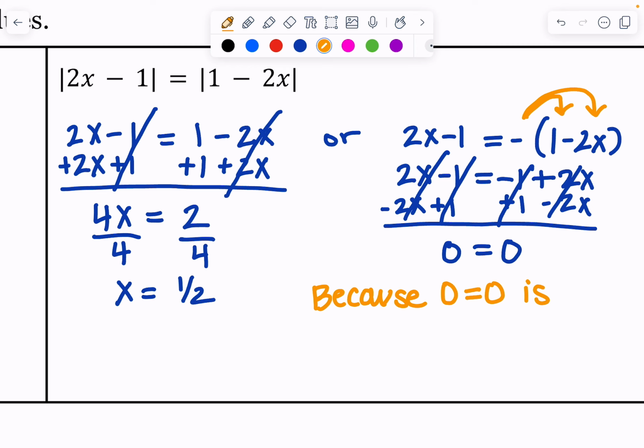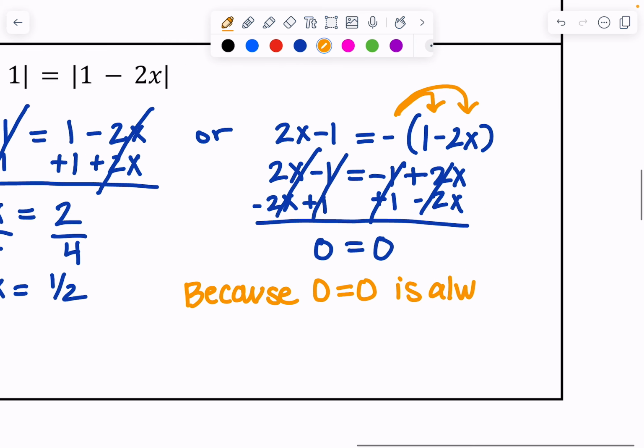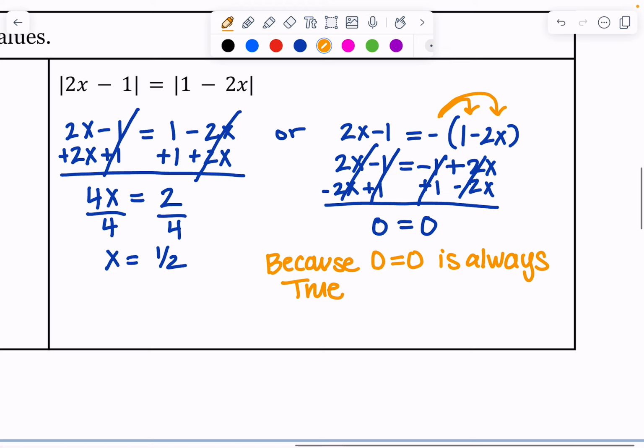So what this tells me is that because 0 equals 0 is always true, no matter what x is, 0 always equals 0. X doesn't even matter at all here.